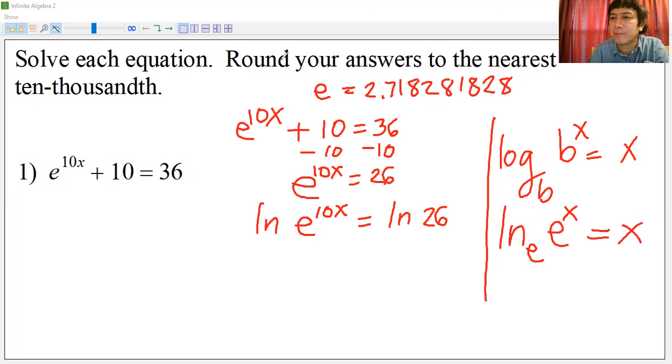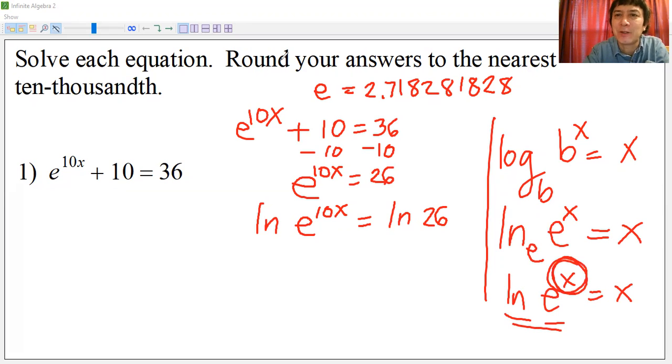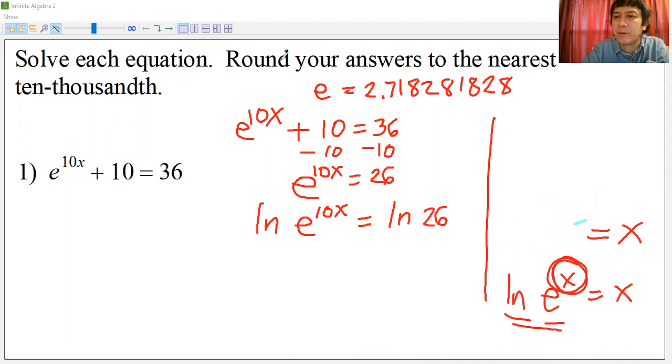So that means ln of e to the x is x. Every time you encounter this, that expression is the equivalent. All right, so let's clear the properties of logarithms and continue with the solution.